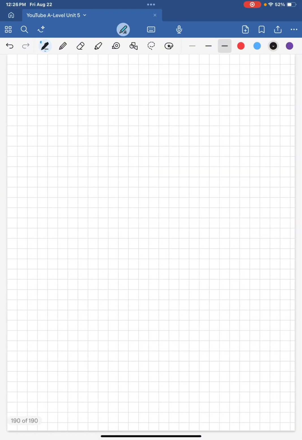So d is 271,544 astronomical units. Okay, that's far away.